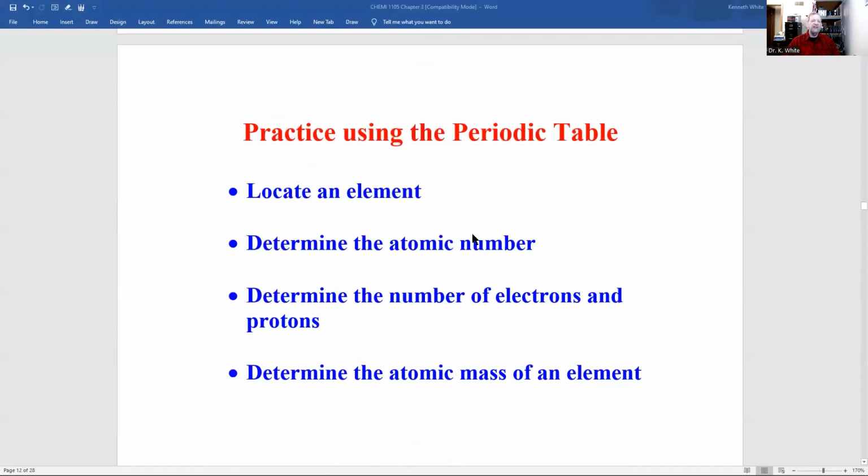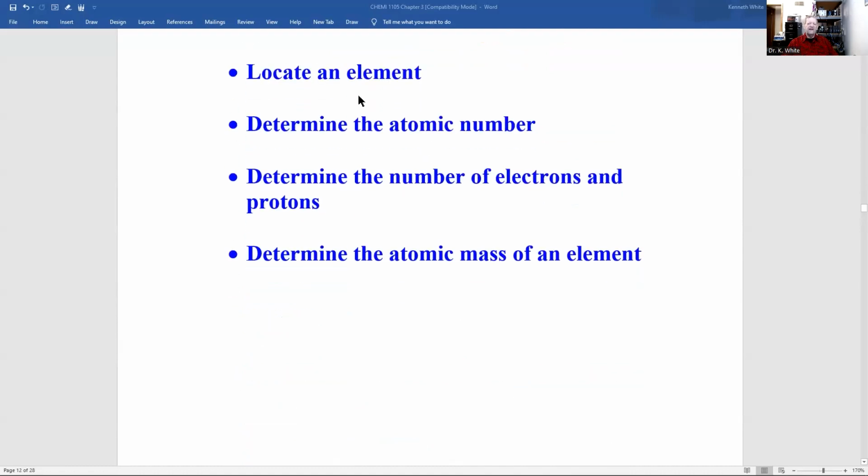So what time is it? It's time to practice using the periodic table. You should know how to locate an element, determine its atomic number, determine the number of electrons and protons, and determine the atomic mass of an element.